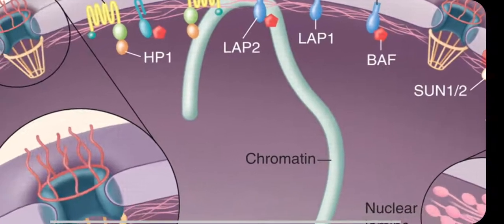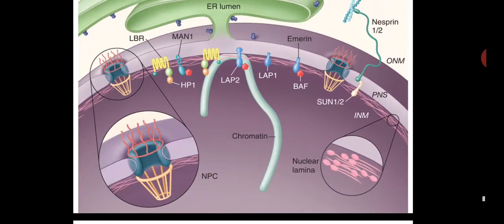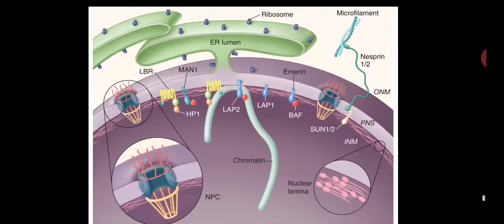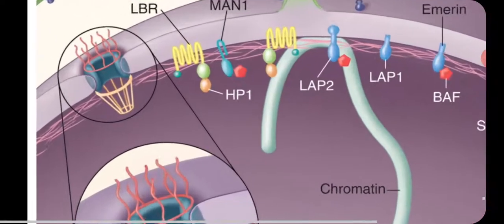Moreover, these light green threads are chromatin, so there are some chromatin binding sites.